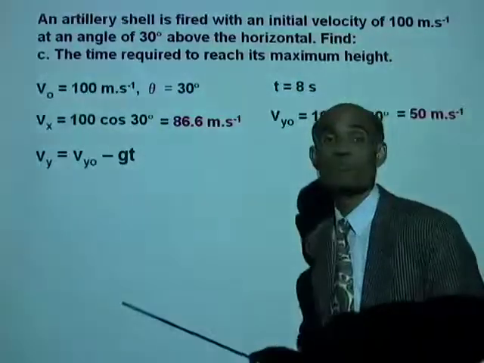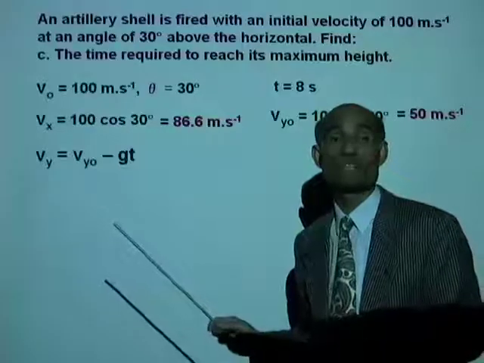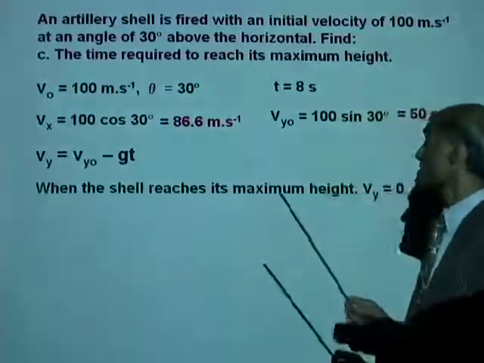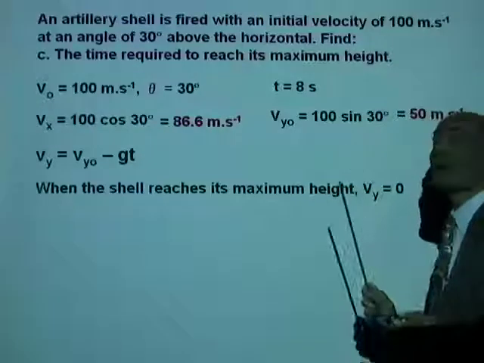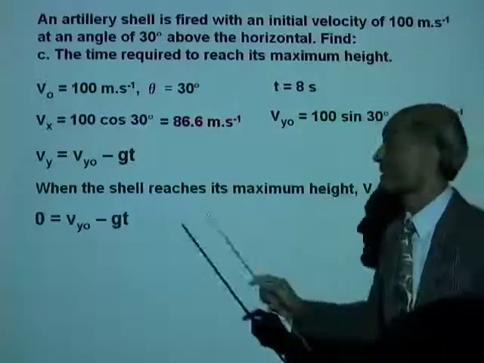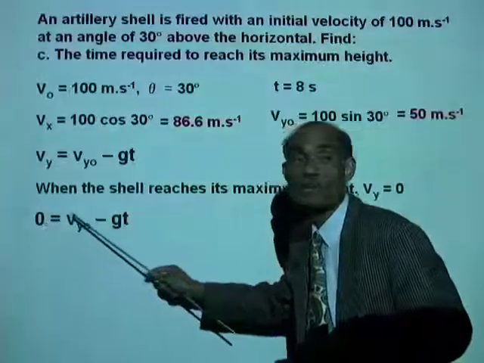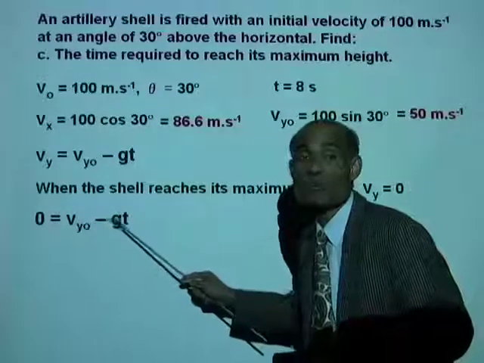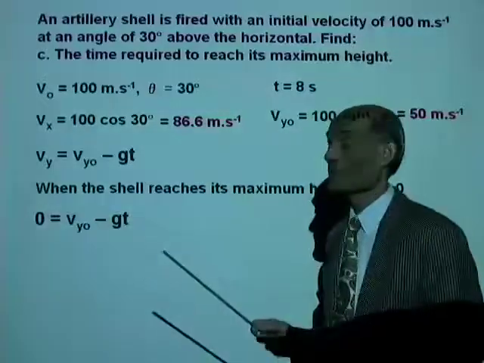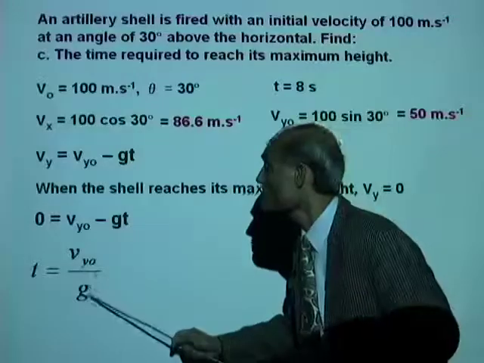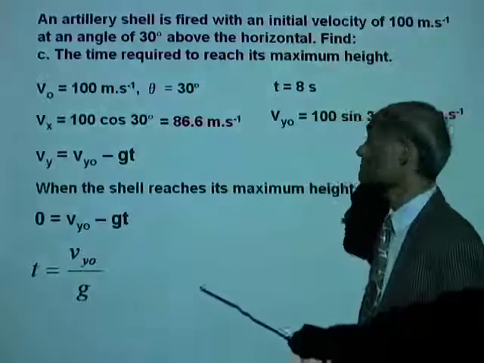That's all we need to do. Vy equal to Vy0 minus gt. Now, when the shell reaches its maximum height, Vy equal to 0. That means we set this equal to 0. That is 0 equal to Vy0 minus gt. And therefore, t equal to Vy0 divided by g.